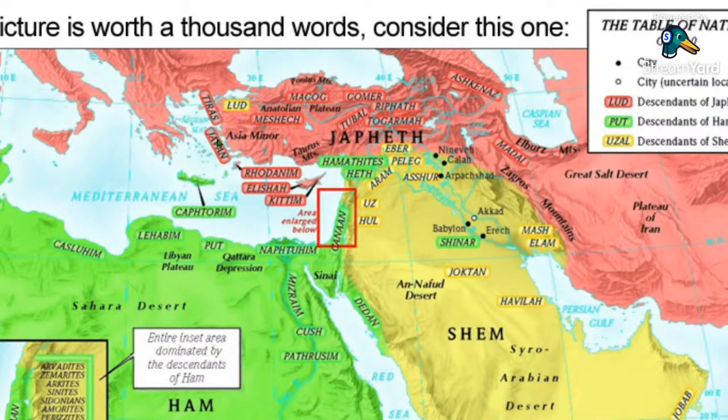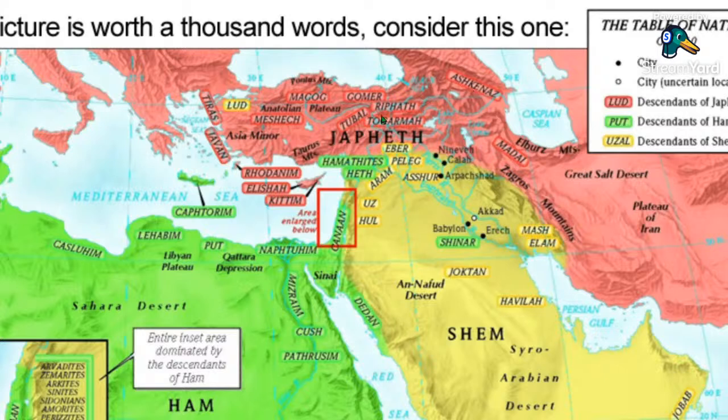This is L. This is T. Meshech, Magog, Gomer, Tubal, Madai. That would be seven. Okay, so these are the descendants of Javan, Rodanim of the island Rhodes, Elishah, Kittim of Cyprus. So it's 1, 2, 3, 4, 5, 6, 7.